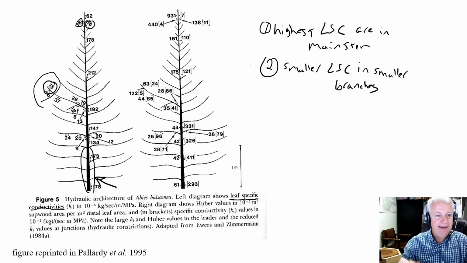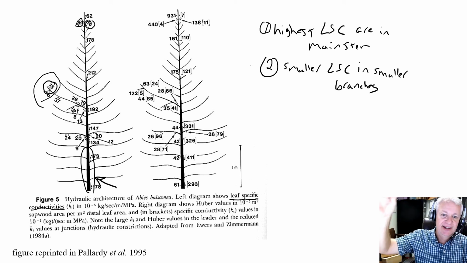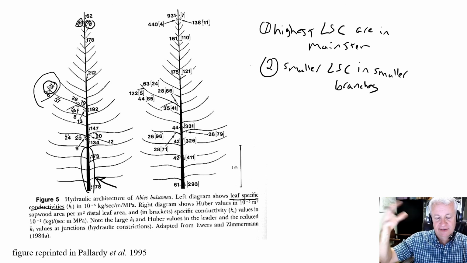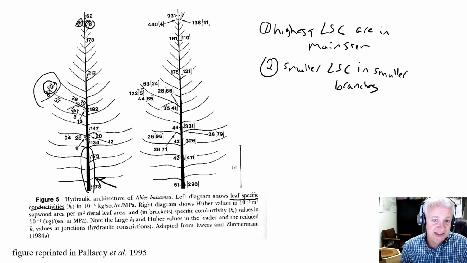So they hypothesized that part of the evolution of these lowered hydraulic conductivities was to make those hydraulic constrictions out at the ends, to make the more vulnerable parts of the crown be the parts of the crown that could afford to be lost.